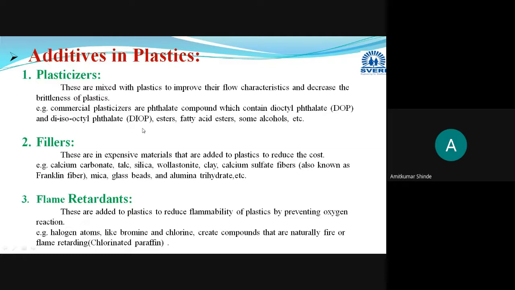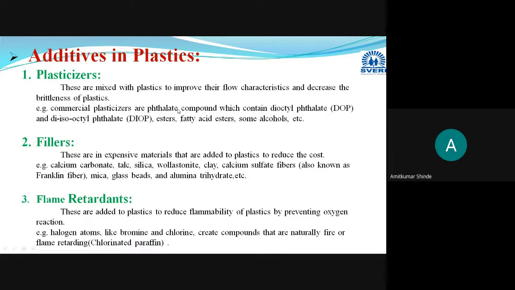Some practical examples I have collected here. You can read them clearly. Some short forms are also there; in some books you may directly get short forms. Phthalate materials are there. This is a phthalate compound, and you can directly write that.